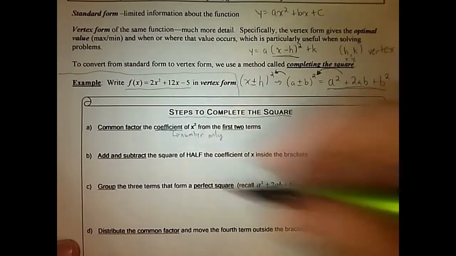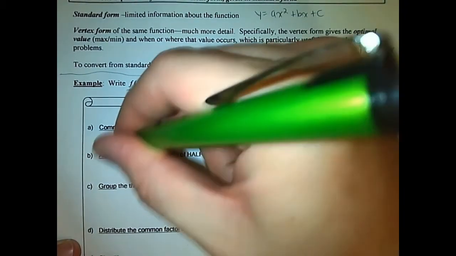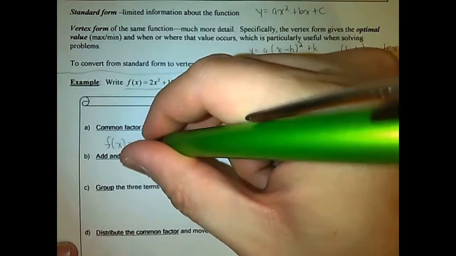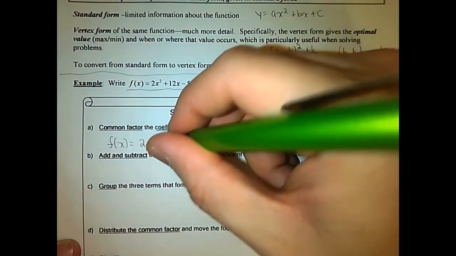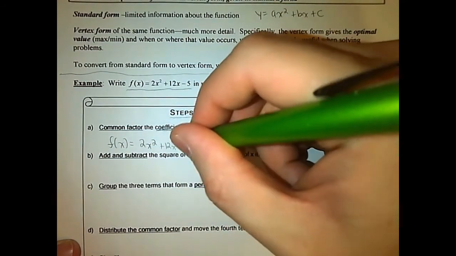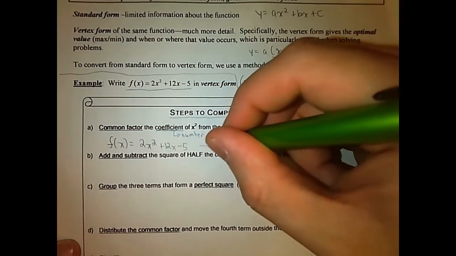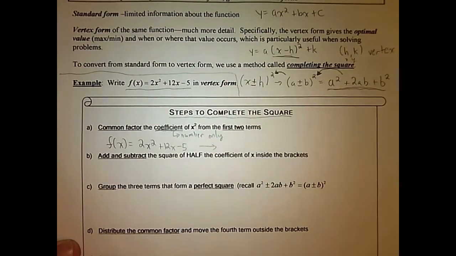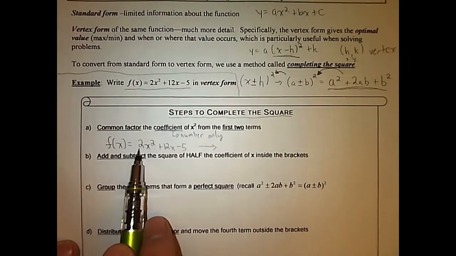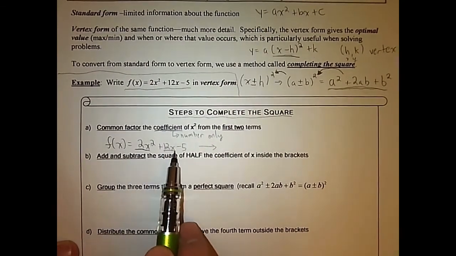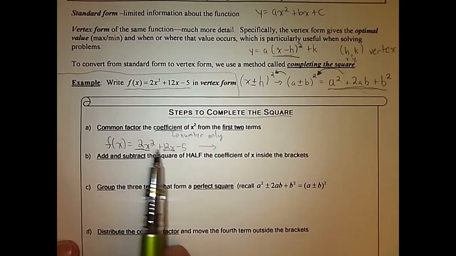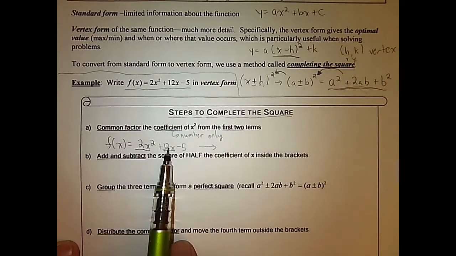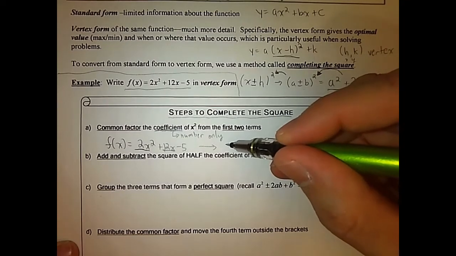So if I have f of x equals 2x squared plus 12x minus 5, and I common factor out just the coefficients, just the numbers from the first two, the biggest number I can common factor out of just the numbers is 2.